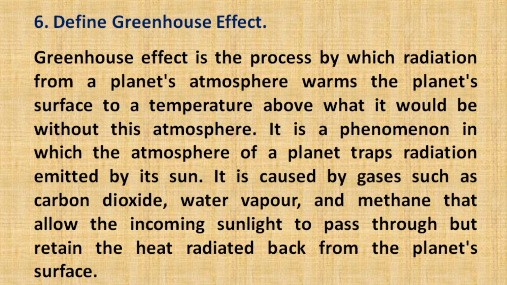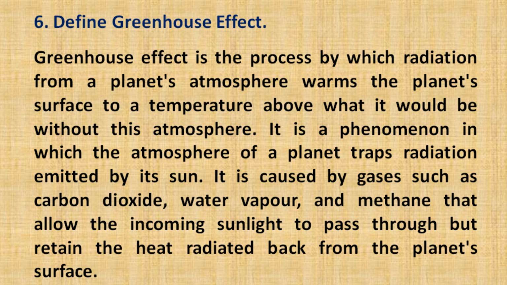The next question is, define greenhouse effect. Greenhouse effect is the process by which radiation from a planet's atmosphere warms the planet's surface to a temperature above what it would be without this atmosphere.